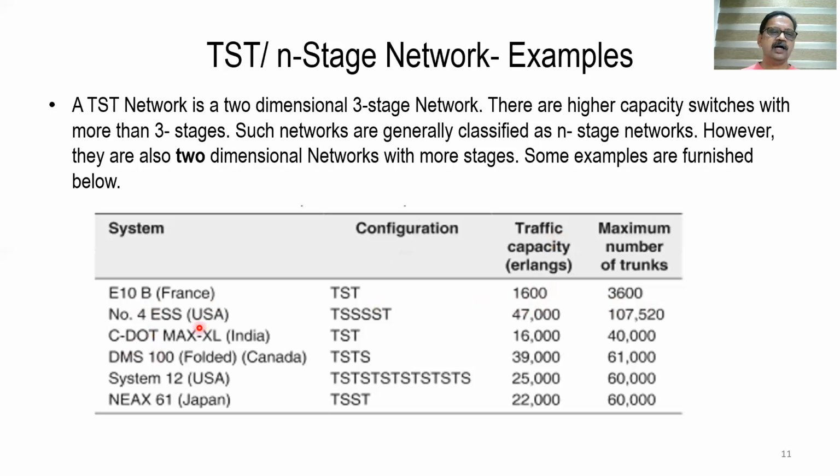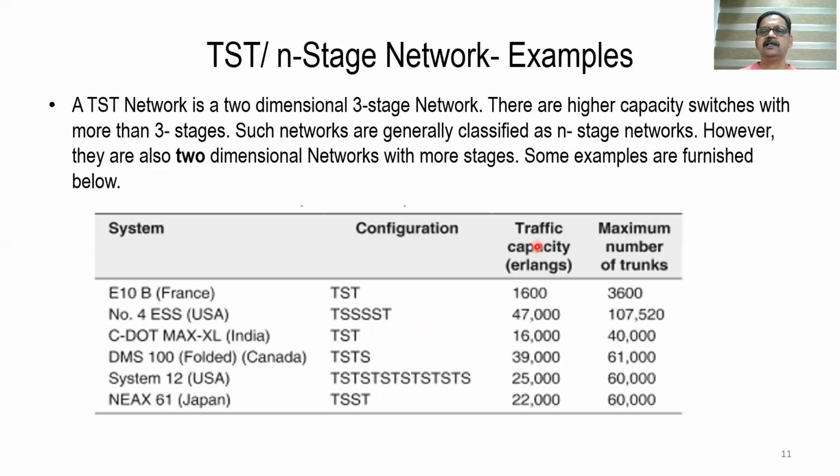Next, we have another exchange, that is number 4 ESS of USA. It follows this configuration, T4S followed by T. So here space stages are 4, with time stages in the input and output.